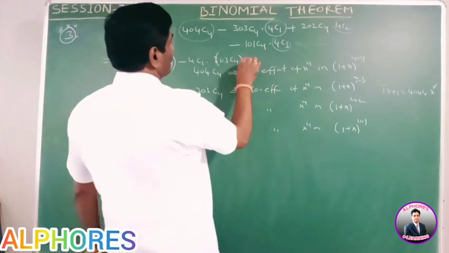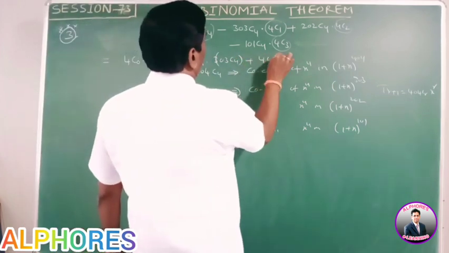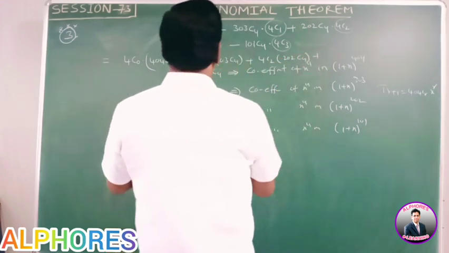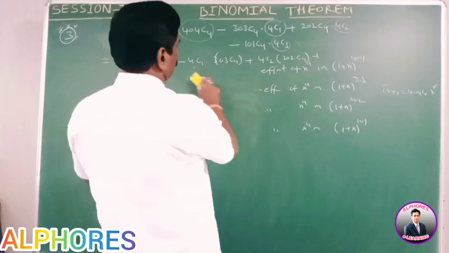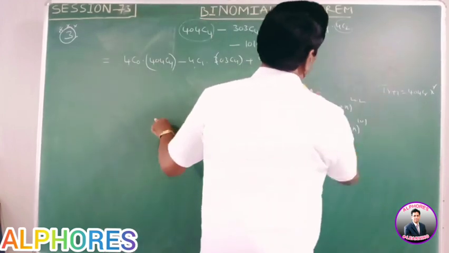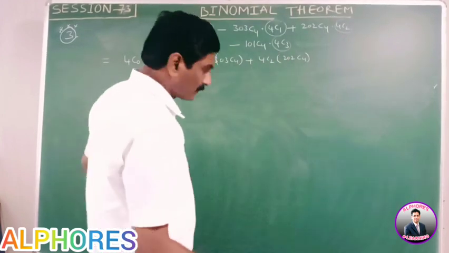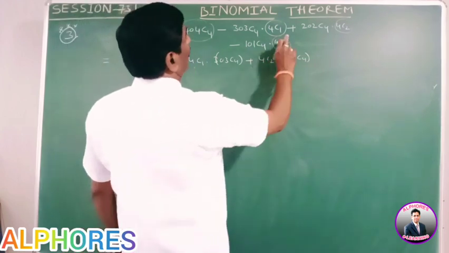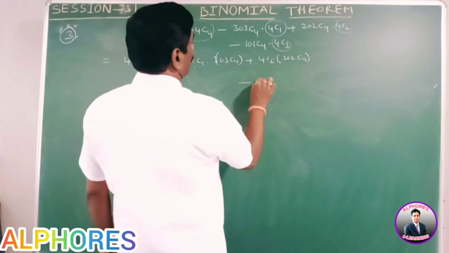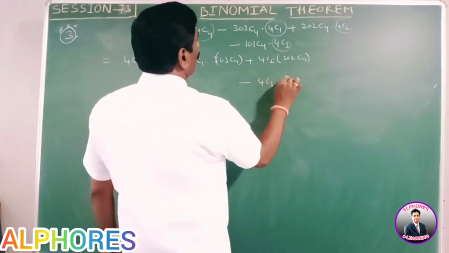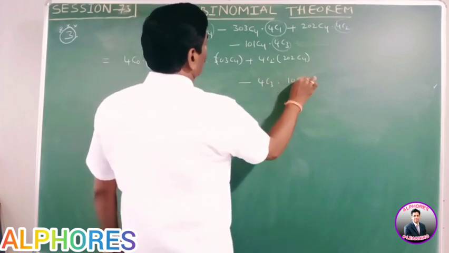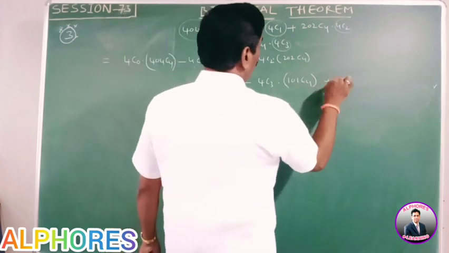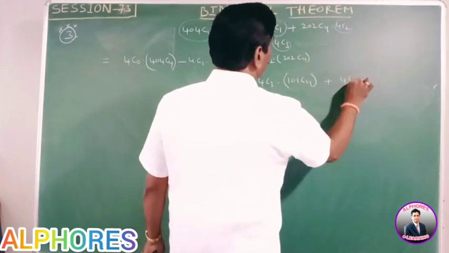Next, plus 4C2 into 202C4. Next, minus 4C3 into 101C4. Here what is the missing term? 4C4. 4C4 means 1.